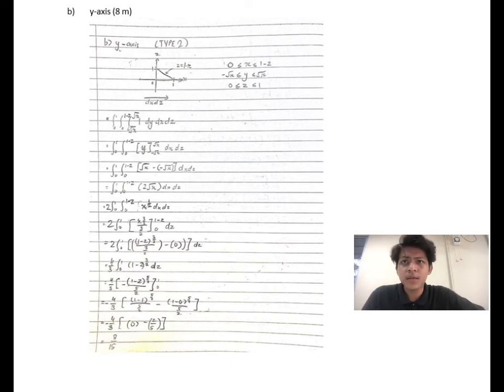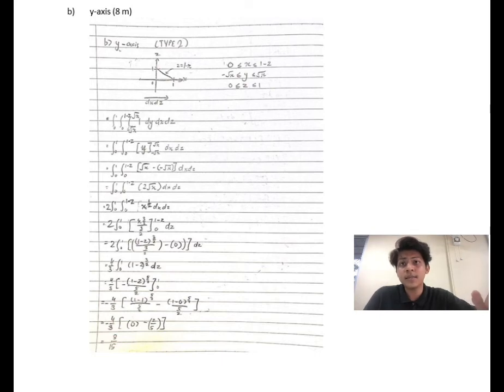So we integrate dx. We got x to the power of 3 over 2 over 3 over 2. We put in the value of x, so after we integrate dx, we got 1 minus z to the power of 3 over 2 over dz.